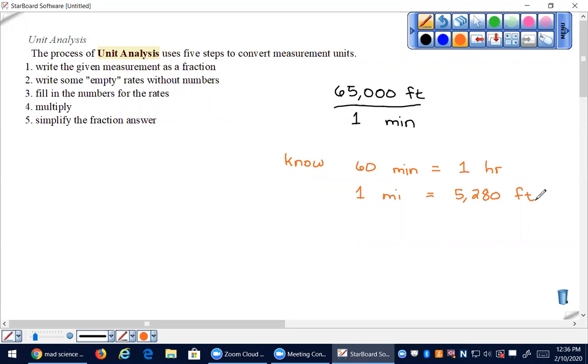Maybe I don't know all the rates. I'm forgetting a third one I need. I'm not, but let's pretend I am. That's okay. This process would still show us as we're going that, oh, there's another rate I need. So, 65,000 feet per minute.